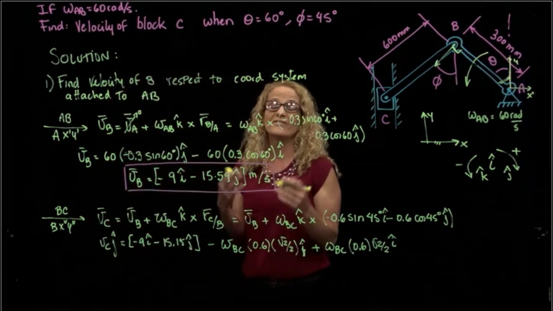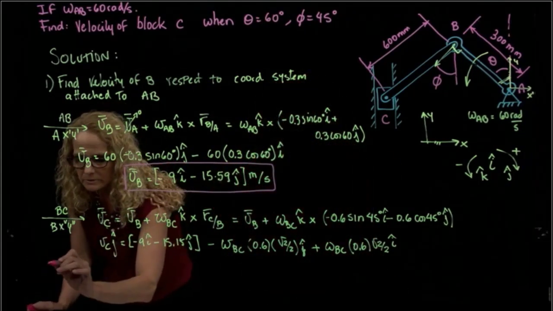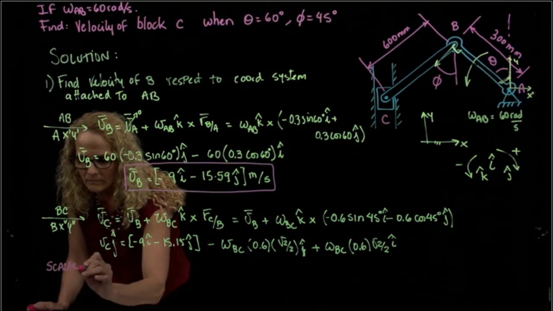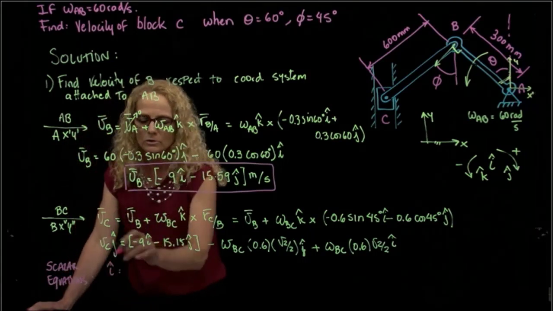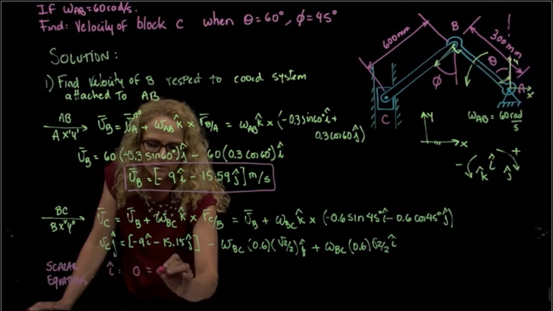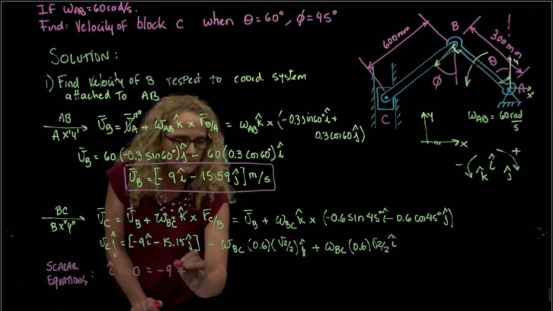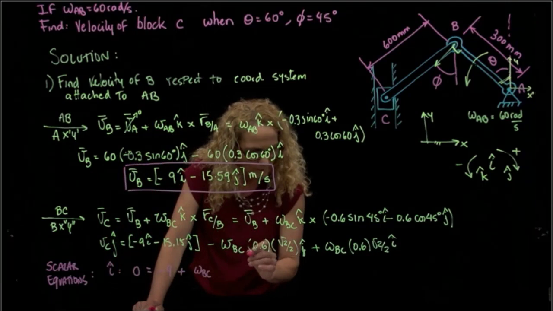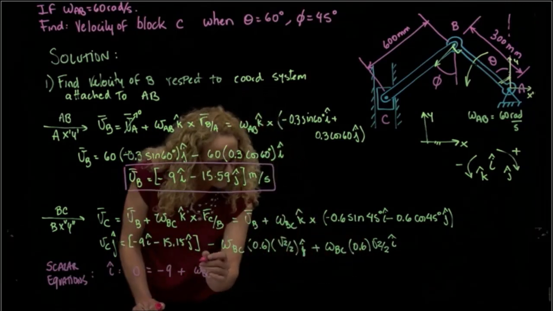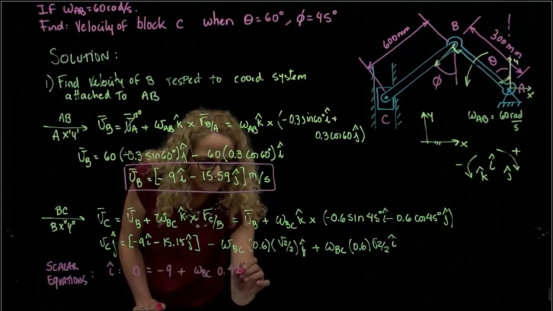As you see, this is a vector equation that becomes two scalar equations. So let's write the scalar equations. In I, I have 0 on the left equals negative 9 plus omega BC times this number here, which I have already: 0.424.